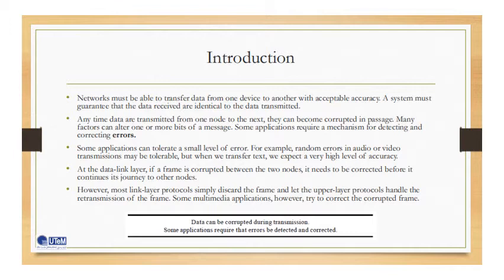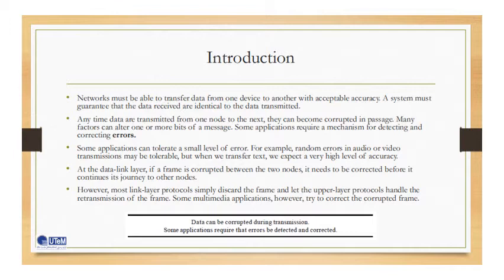It can be corrupted by factors from the environment. Many factors can alter one or more bits of a message because the message is transmitted in the form of a signal.